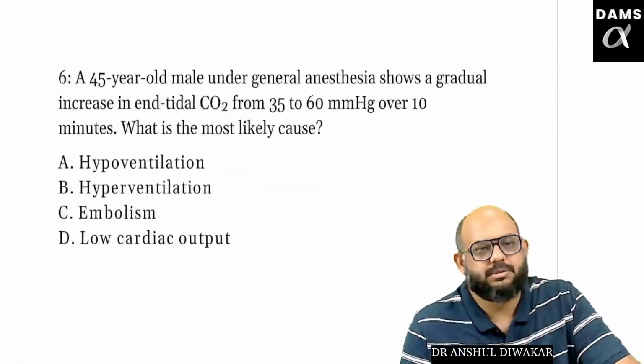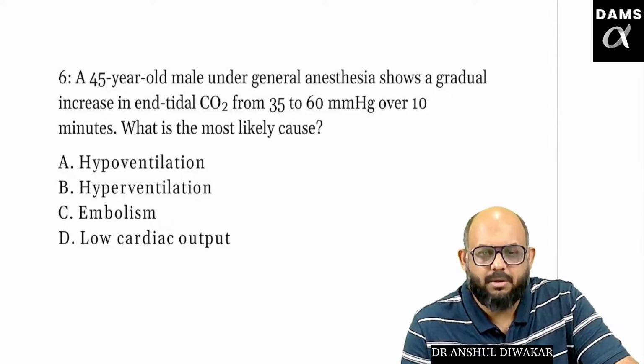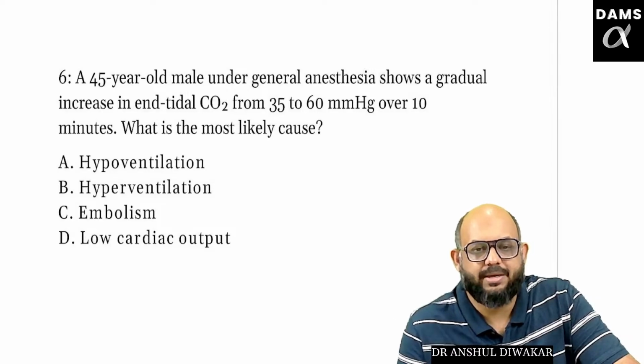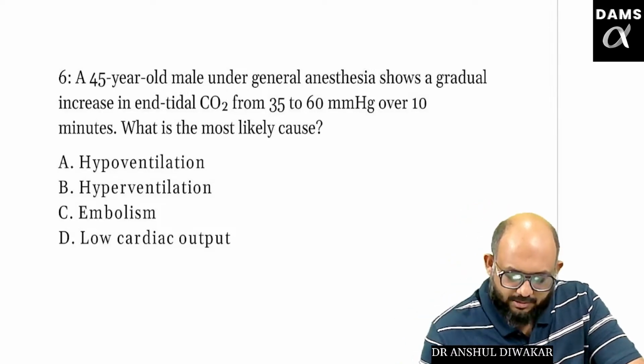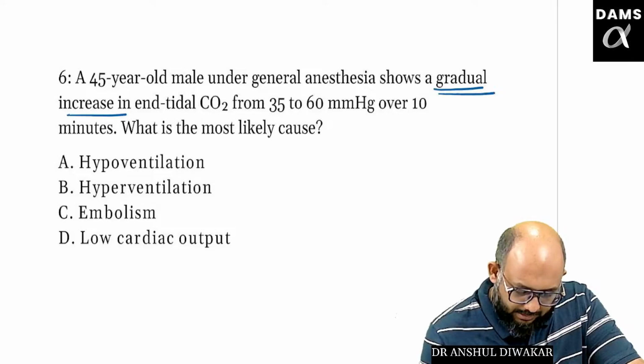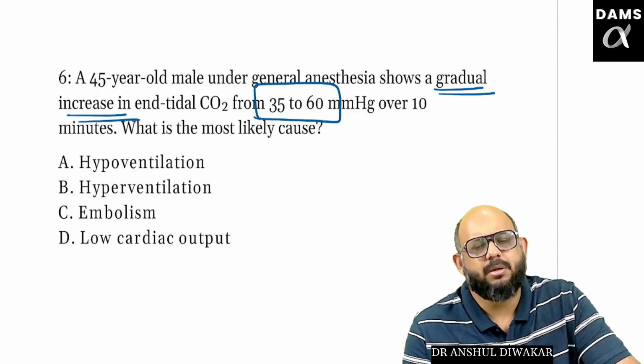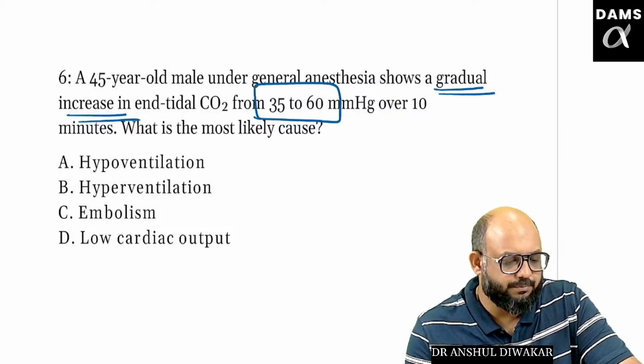Question number 6. A 45-year-old male undergoing general anesthesia shows a gradual increase in end tidal CO2 from 35 to 60 over 10 minutes. What is the most likely cause? You remember the clinical approach to capnography that I taught you?